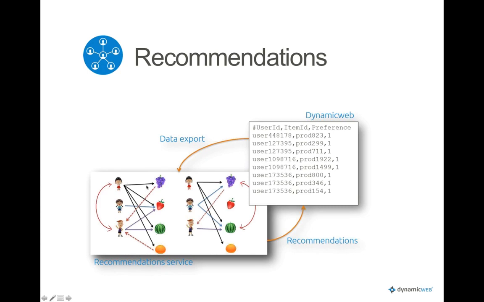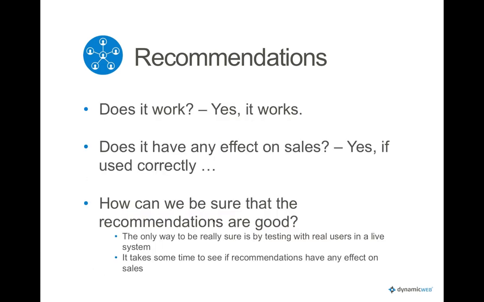And then from the relations between users and products, the recommendation service is able to predict what another user will probably like depending on what similar users like. So that's a very brief overview of what actually goes on, how the technical stuff works. Today I will talk most about how we use the recommendation service from within Dynamicweb and not go into much detail on how Mahout and the recommendation service work internally.